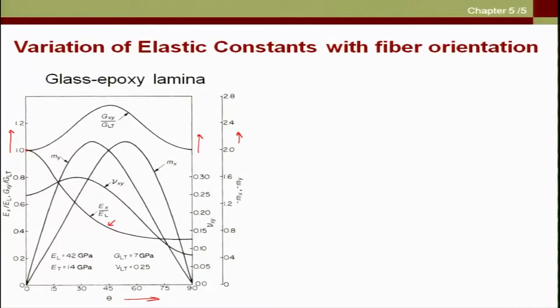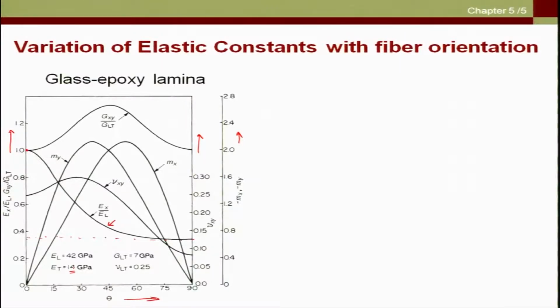And as my theta increases, the value of Ex continuously keeps on dropping, and then it slowly starts becoming flat, and it ends up at the value of something like 0.3. Okay. So, maybe I did not draw this line straight enough, but it is about 0.3 because Et is 14 GPa. So, Et over El is 1 by 3. So, 0.33, something in that range.